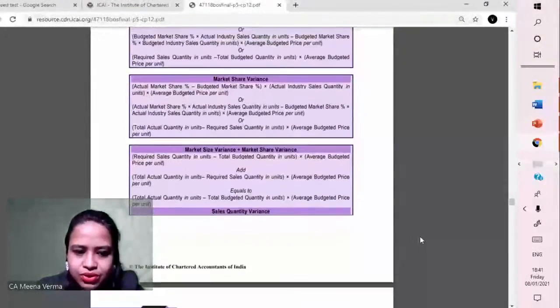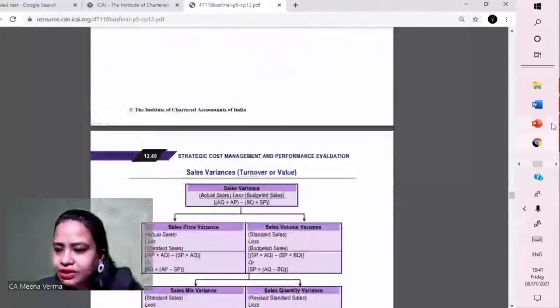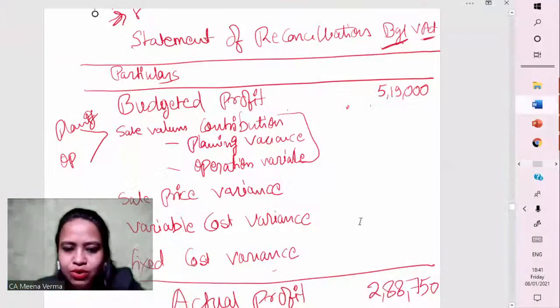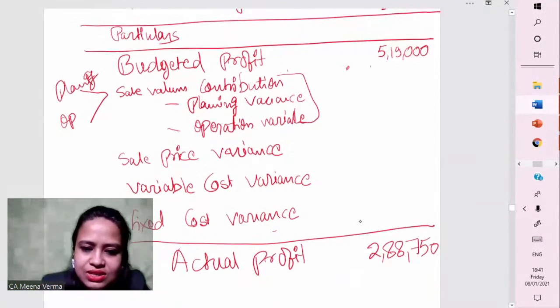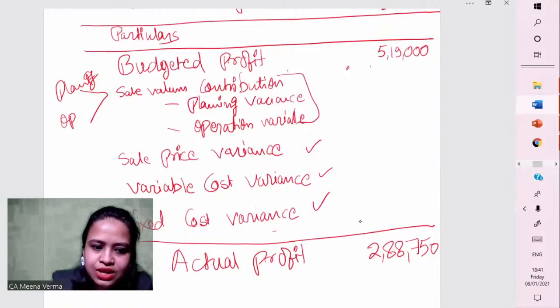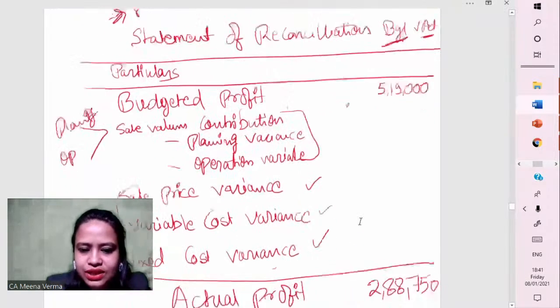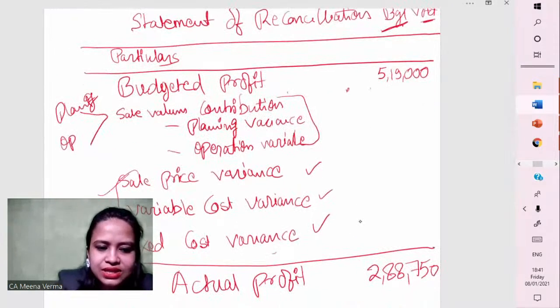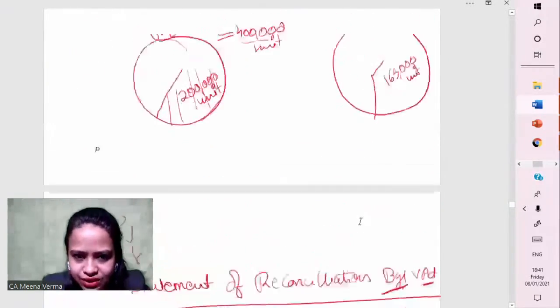I'll write that formula for you. Okay? And I expect all of you to find these variances. You can easily find this variance, and leave the space for these two variances. I'll tell you how to calculate these two variances, okay? But first find these three variances. It is very easy to find these variances, okay?